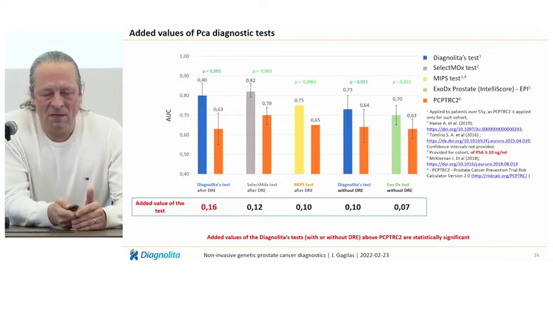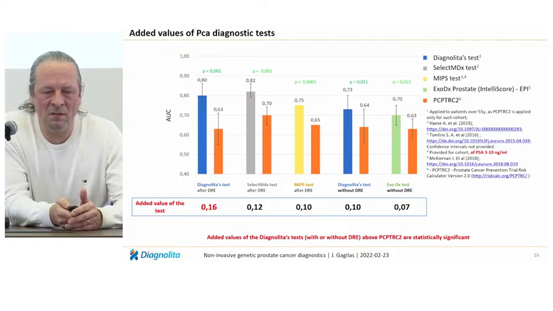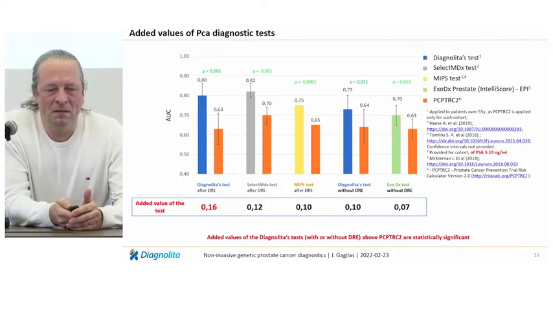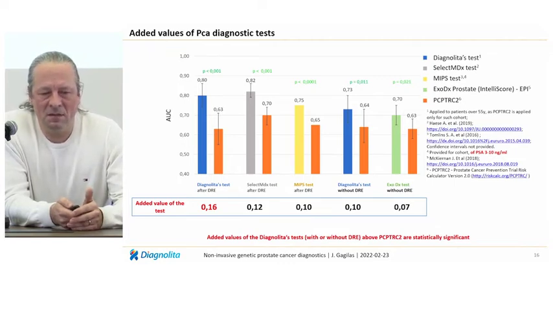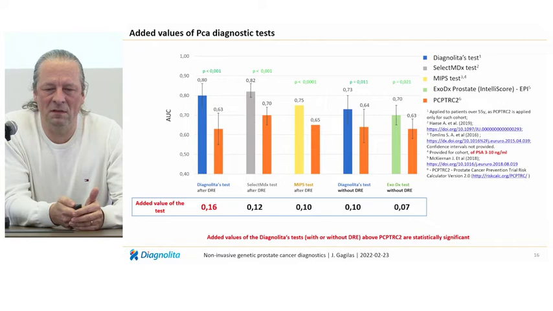And these added values are statistically significant. You can see p-values above the bars, and we are happy that our test shows really the highest added value to the clinical information.